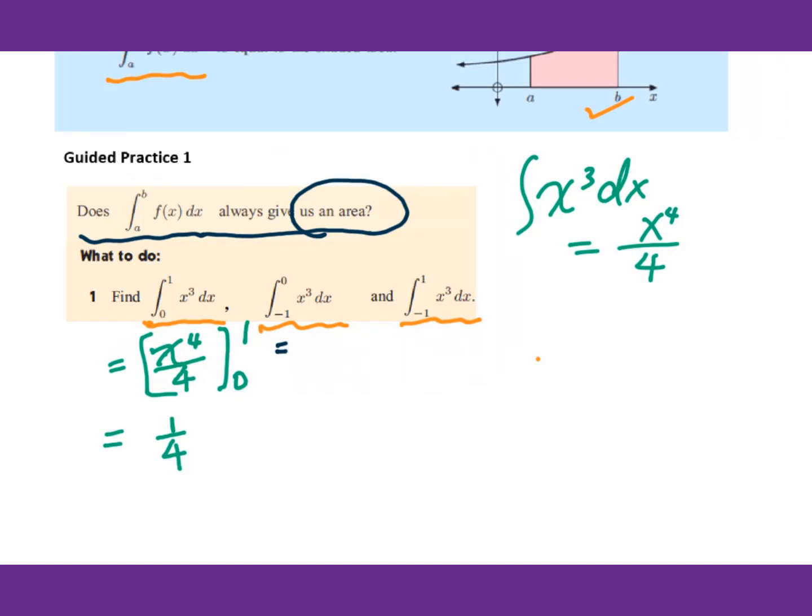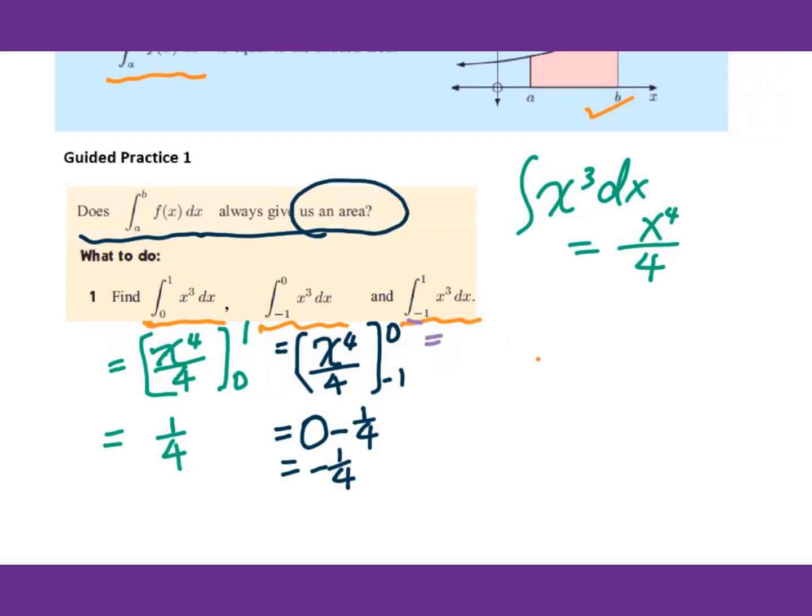For the second one, you will get x to the fourth power over 4 from -1 to 0. So you will get 0 minus 1 over 4, which gives you -1 over 4.